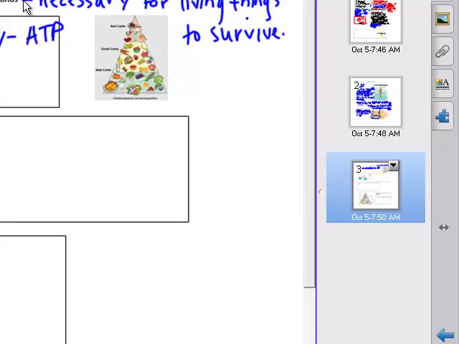There are a couple different types of carbohydrates. We have simple carbohydrates, which we call monosaccharides. And we have very complex, larger sugars and carbohydrates that we call polysaccharides.